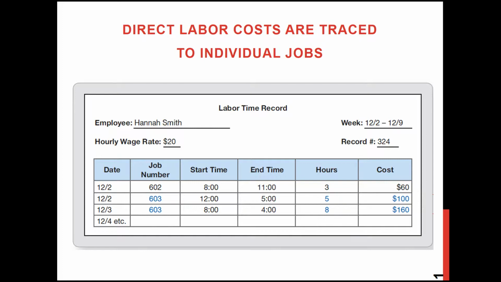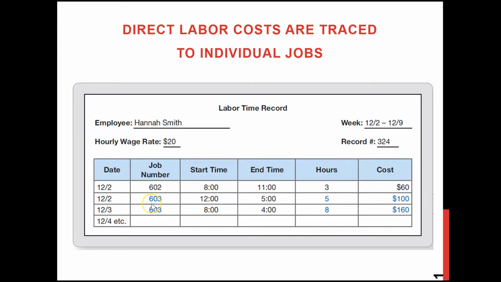So they will keep a labor time record sheet for each and every person who is working to produce all those cross trainers, that means who is involved in that specific job. They gave you one example. One of their employees is Hannah Smith, her hourly wage rate is 20 bucks, and this is her weekly work schedule, and she is working for different types of jobs.